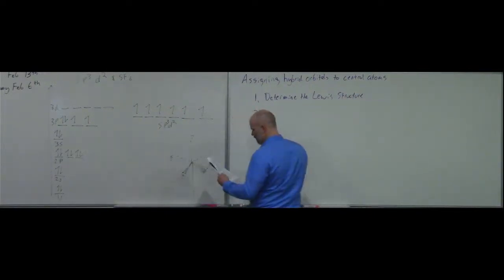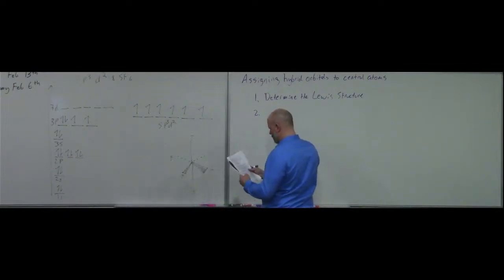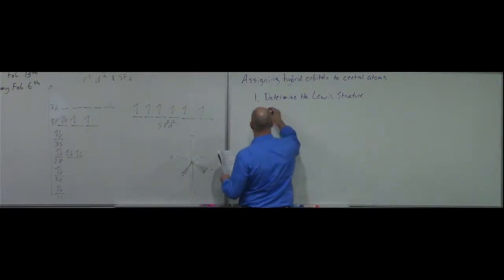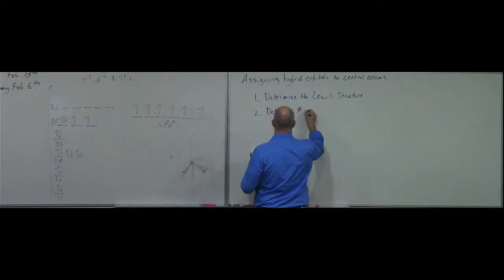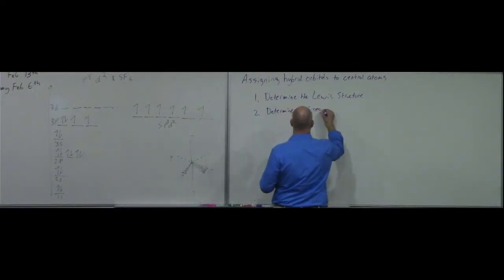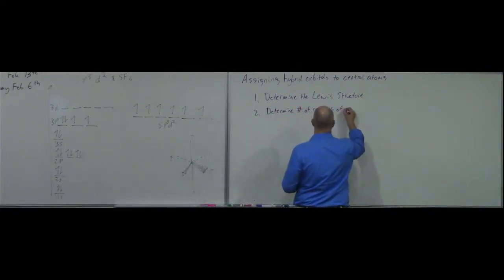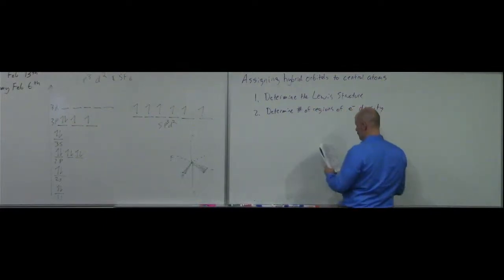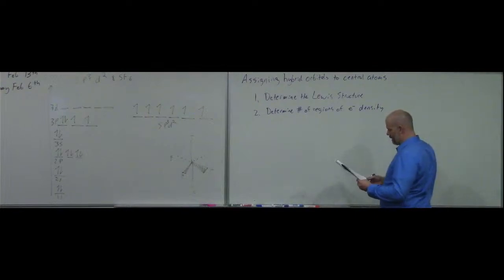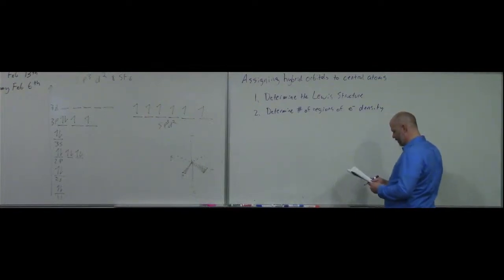Number 2, determine the number of regions of electron density, using the VSEPR theory, in which single bonds, multiple bonds, radicals, and lone pairs each count as a region.